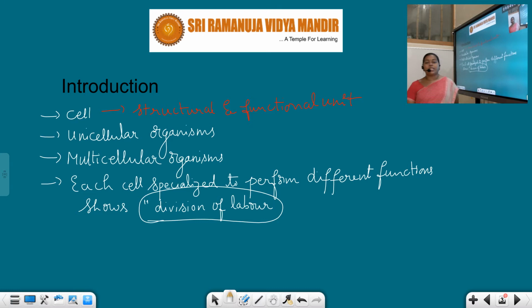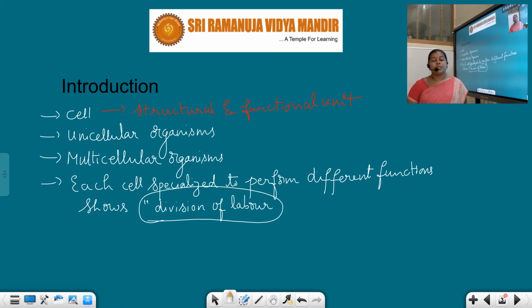This we can see only in multicellular organisms. The reason is that as the multicellular organism has more and more cells, there is scope for the cells to perform different functions. So they are organized, and there is a division of labor.